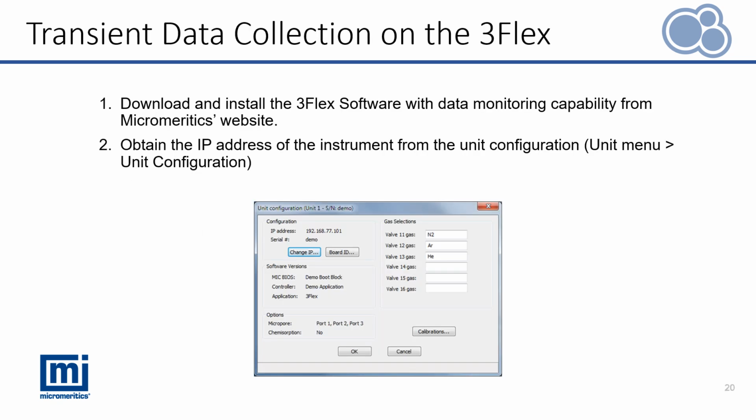Now let's talk about how to set up the software to collect the transient data on the 3-Flex. First, go on our website to download and install the 3-Flex software with data monitoring capability. And once the software is connected to the instrument, obtain the instrument's IP address from the unit configuration under the unit menu.